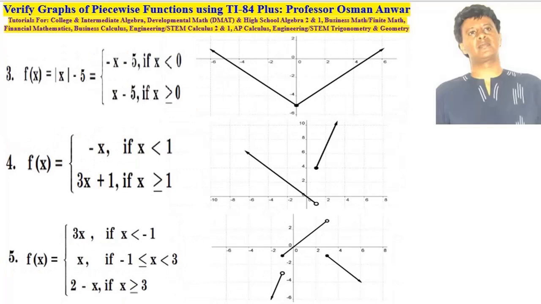And here is another absolute value. This is the absolute value of x shifted down by 5, so it is the absolute value of x minus 5. This can be written as a piecewise function: minus x minus 5 if x is less than 0, or x minus 5 if x is greater or equal to 0.